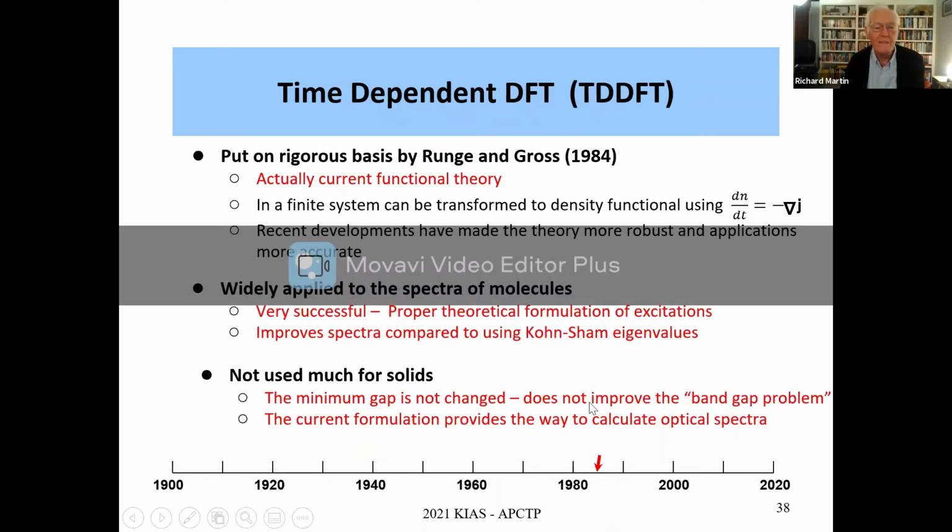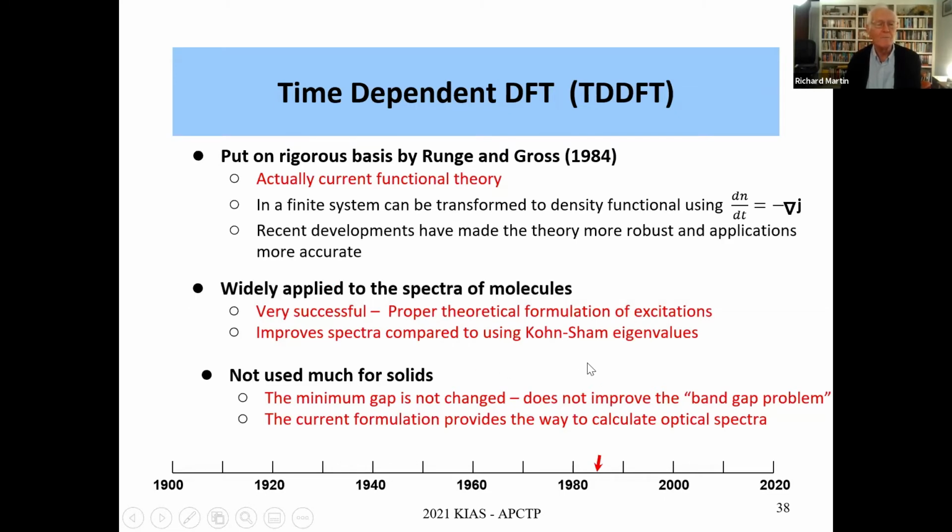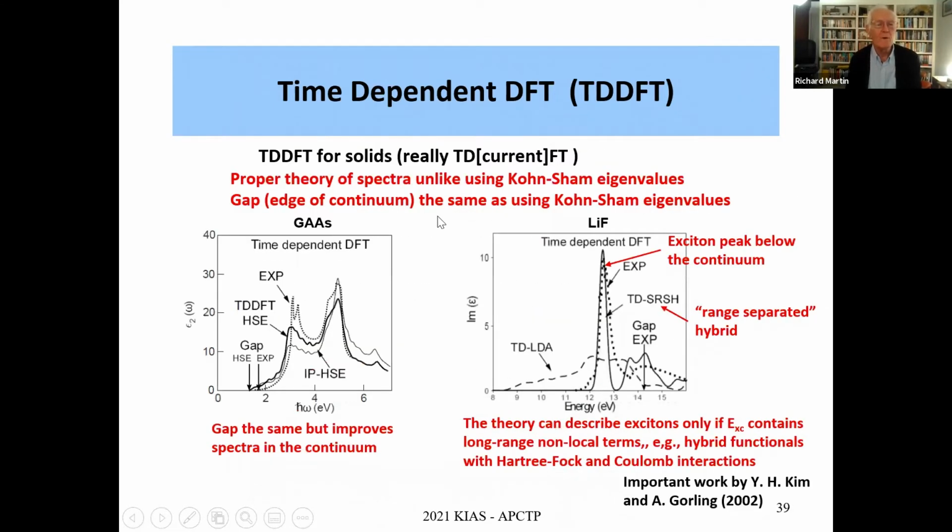But more recently, it has been worked out how to do it, and we still have this problem that the minimum gap has not changed, but we get some very interesting results nevertheless. Here are examples for gallium arsenide and lithium fluoride.